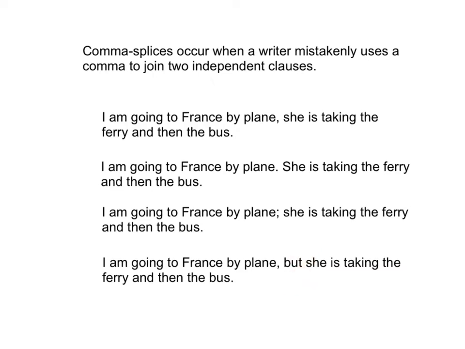In this case we're using but. And remember, a useful way to recall coordinate conjunctions is the acronym FANBOYS. Of these three ways of solving this problem of the comma splice, I feel this last one is the most successful because it draws the contrast between what's happening in the second independent clause and the first.